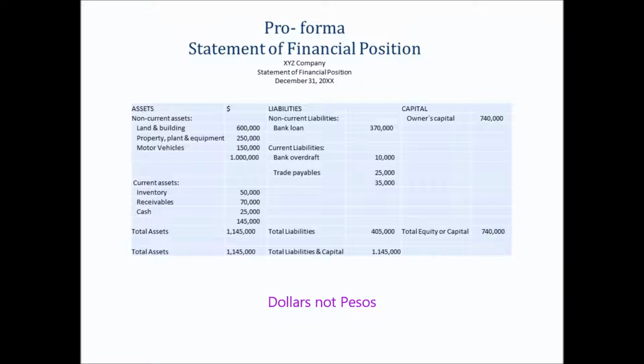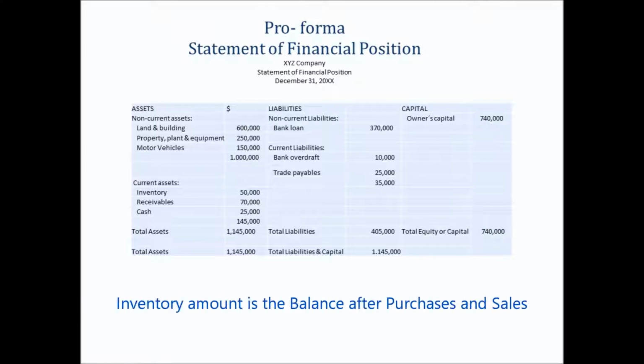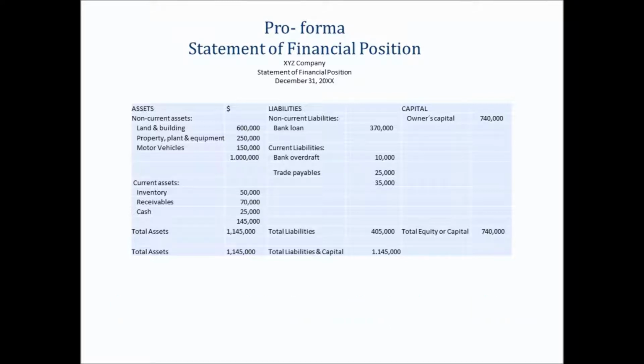We can also observe that the business had an inventory or purchase inventory in the amount of 50,000. It sold goods in the amount of 95,000, of which 25,000 is cash and 70,000 was on account. The bank overdraft is 10,000, which means that they have a negative balance in their cash and bank account.